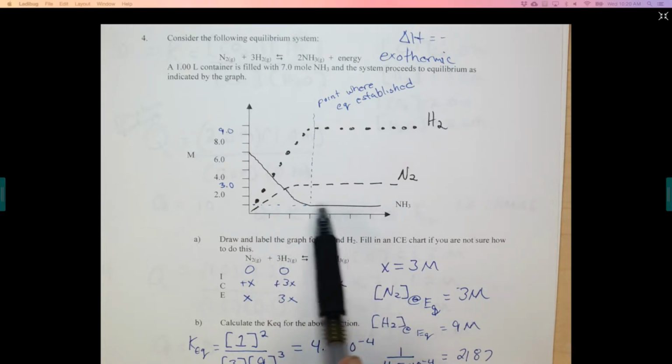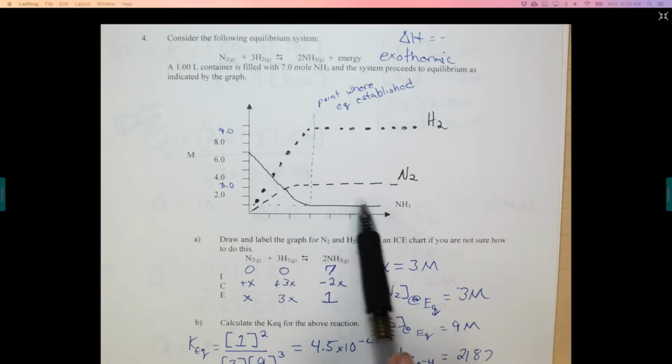Because we have been told by the graph the amount of ammonia at equilibrium, we can then deduce the amount of H2 and N2 that will be created, and from there we can calculate K.